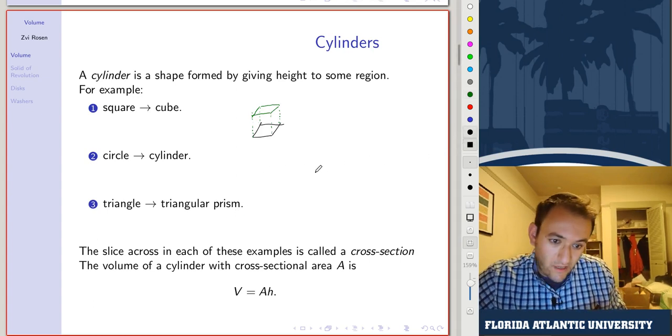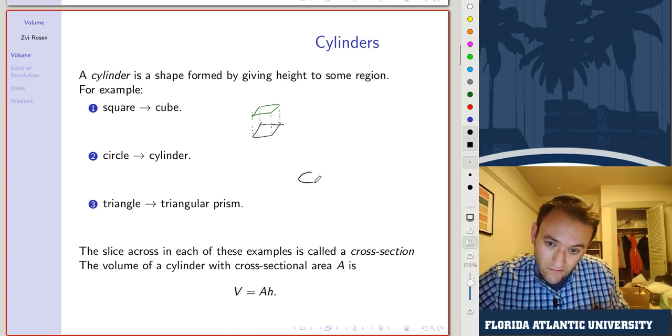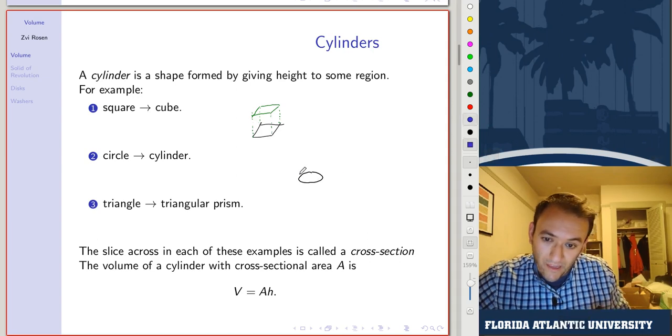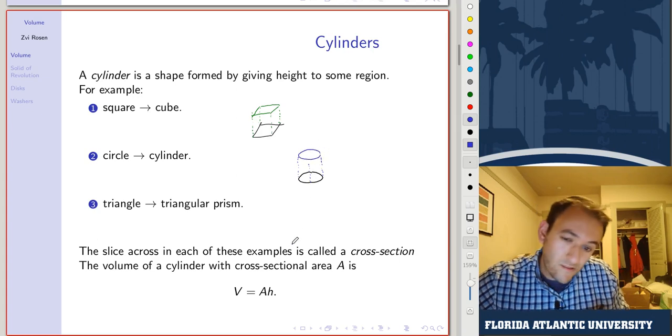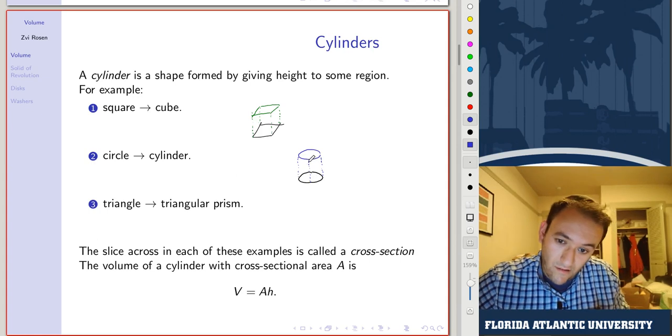Okay, if instead of a square we started with a circle, what we get when we follow the edges up, giving this circle some height, this is what we're accustomed to calling a cylinder.